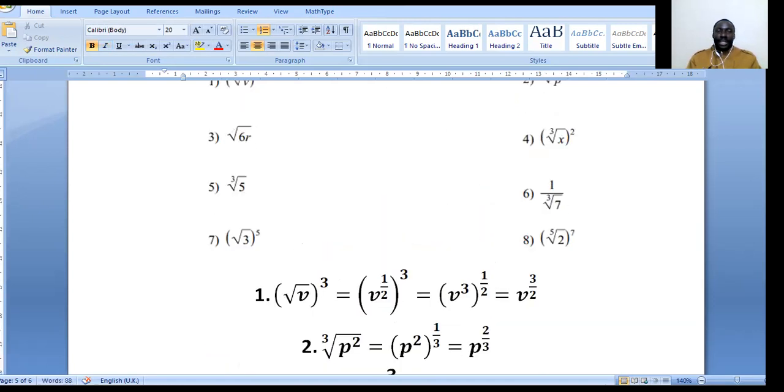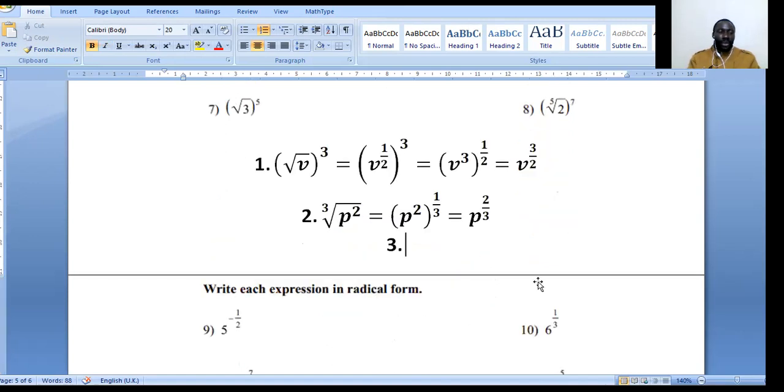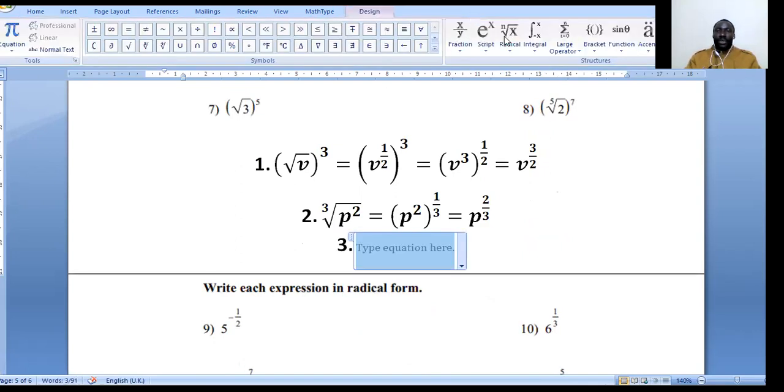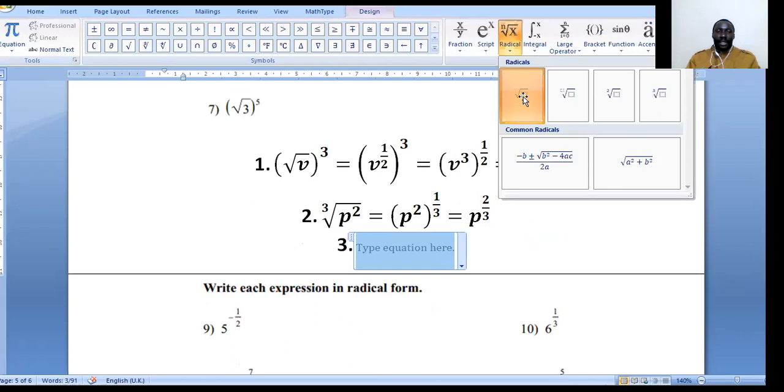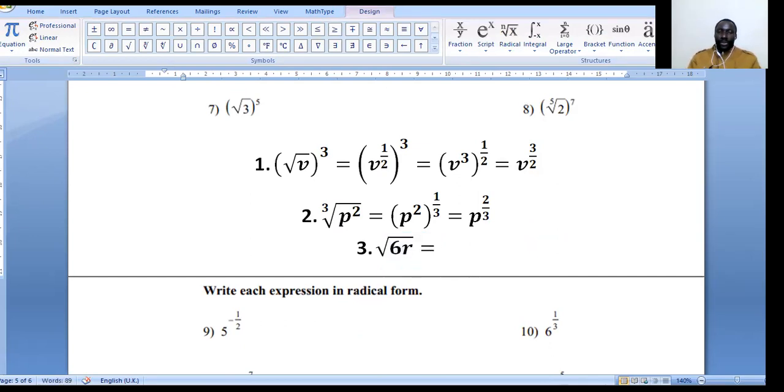Then the third question is asking us to do what? The square root of 6r. Well, the square root of 6r can be written as 6r, just have a bracket there.